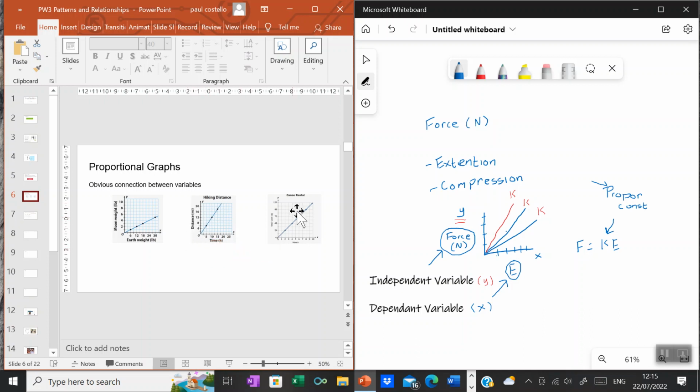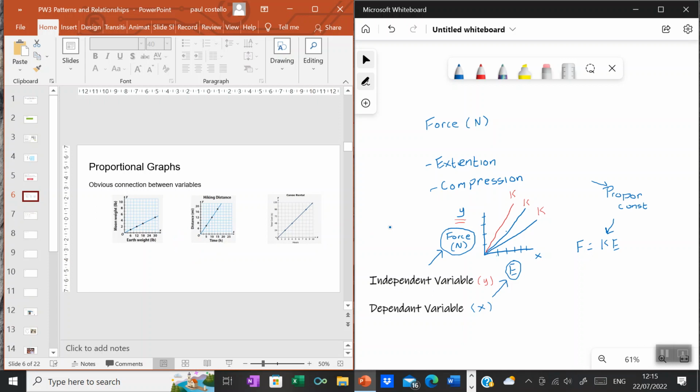Also, if you rent a canoe, you will get this too: the number of hours that you spend using the canoe and the amount of money that you have to spend to rent it. These are what are known as proportionality graphs, and these are patterns that you will observe again and again when you compare certain physical phenomena with each other.